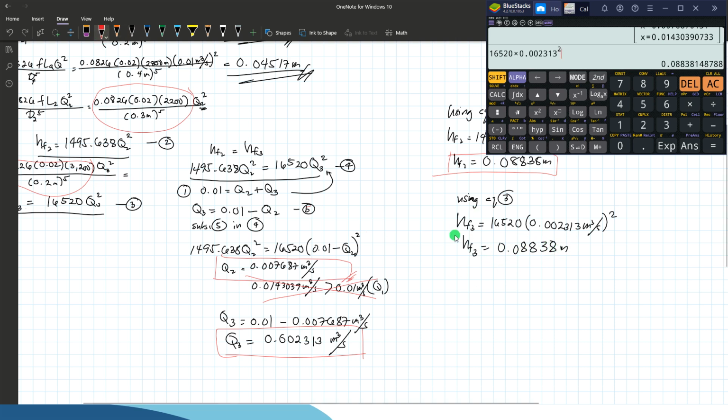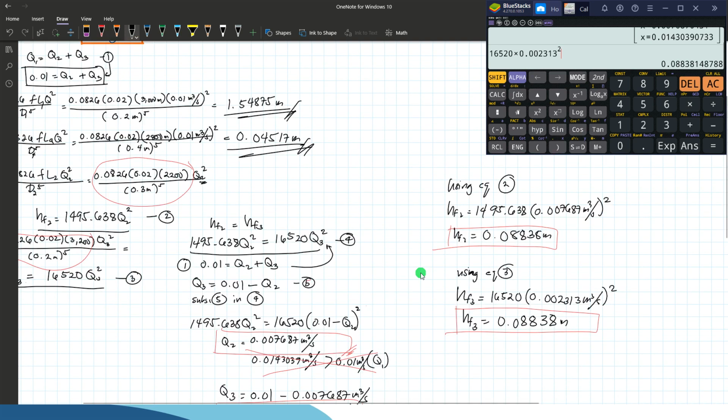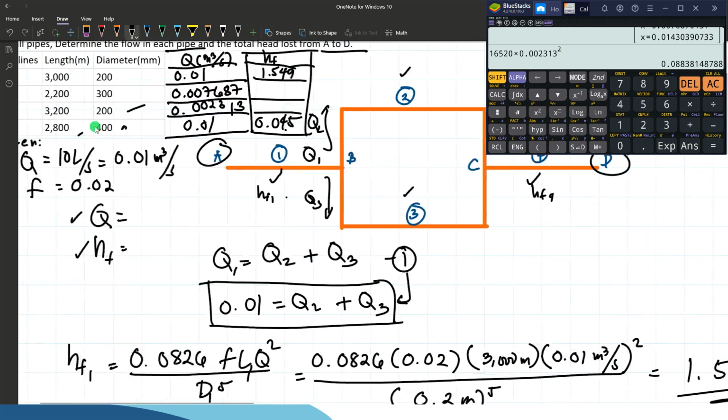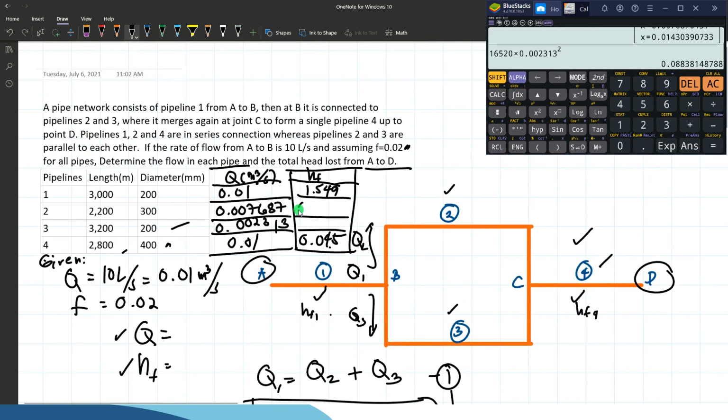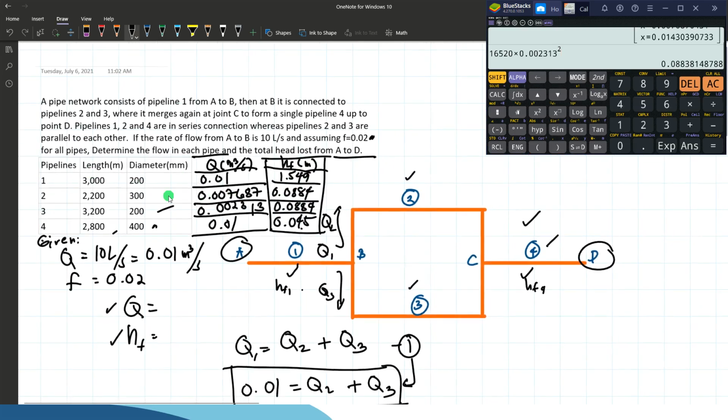Okay, they have the same head loss because they are parallel. Let's fill this table: 0.0884 if we use 3 decimal places. So these are your answers for discharge and head losses for each pipe.